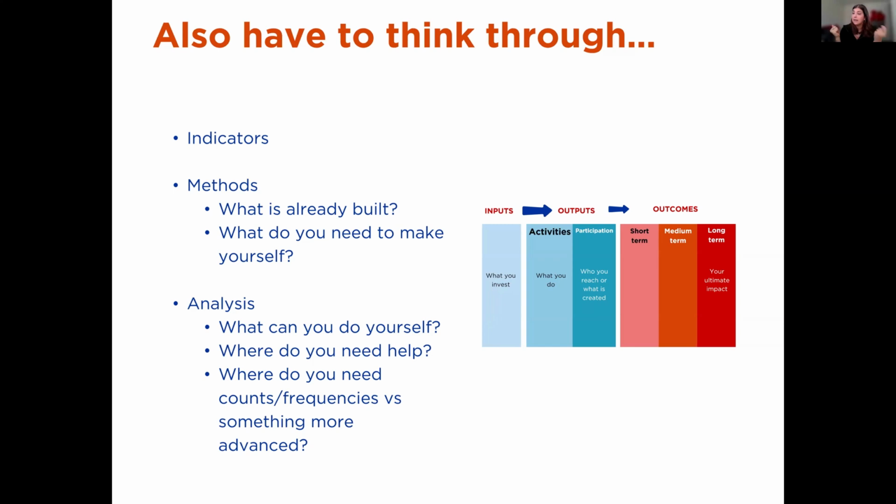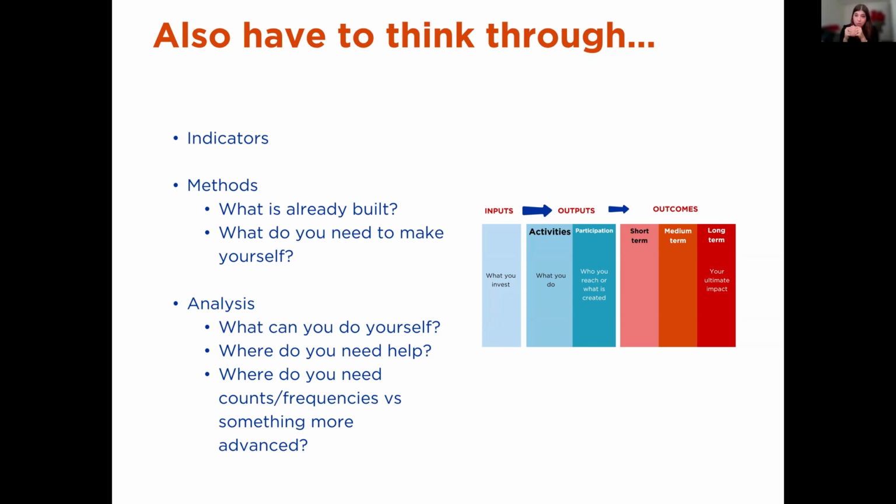Also, I want to think through things like analysis. With the vast majority of process and outcome evaluation, the analysis we're running is usually pretty simple, right? So things like descriptive statistics, so frequencies, proportions, counts, how many people did this, what percentage of people did this, right? Most of us have those skills. If you don't know something you're working on, like I said, get into contact with us. We can point you towards some resources, right?